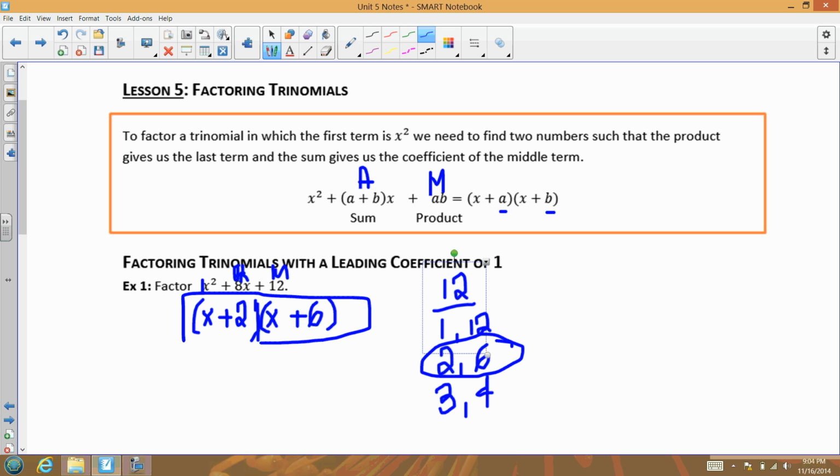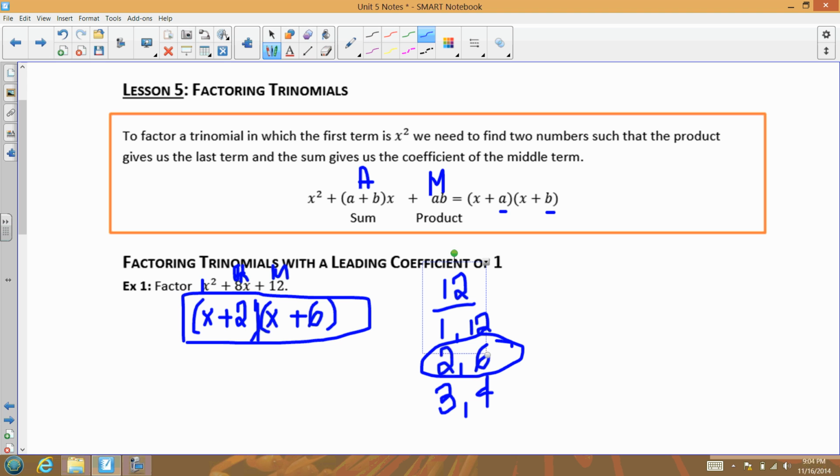Basically, what we're doing here is the opposite of what we did in previous lessons, where you saw multiplying binomials or multiplying polynomials. When we factor, we're trying to figure out what were the 2 polynomials that we multiplied together to get this expression. I'm trying to undo the process of multiplication.